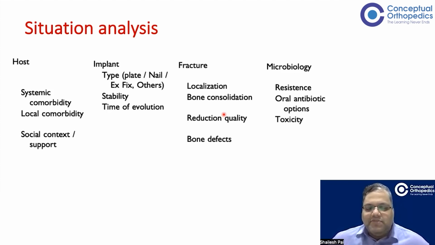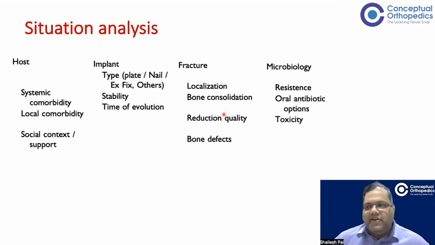So if oral is available, it makes it much easier and gives better compliance from the patient. Okay. And then you should also start thinking from the toxicity point of view, that when we're giving the antibiotic for such a long time, what are the adverse reactions that the patient can have, right? So in this especially, cross consultation with either the infectious disease specialist or the general physician makes much more sense, because our knowledge regarding all of this is very limited.